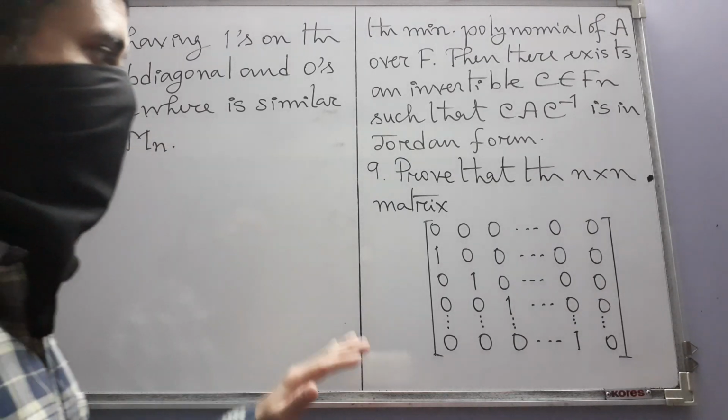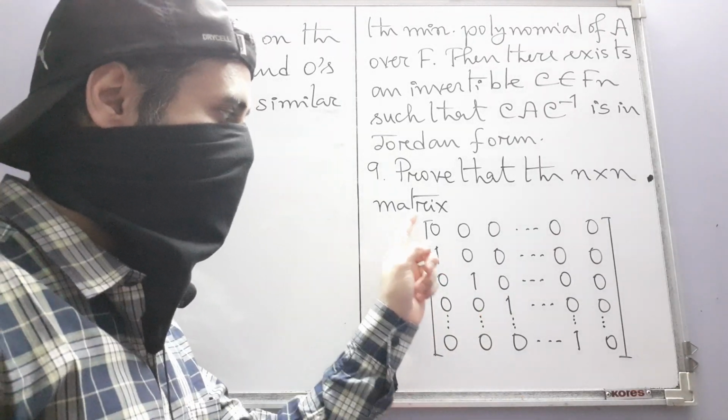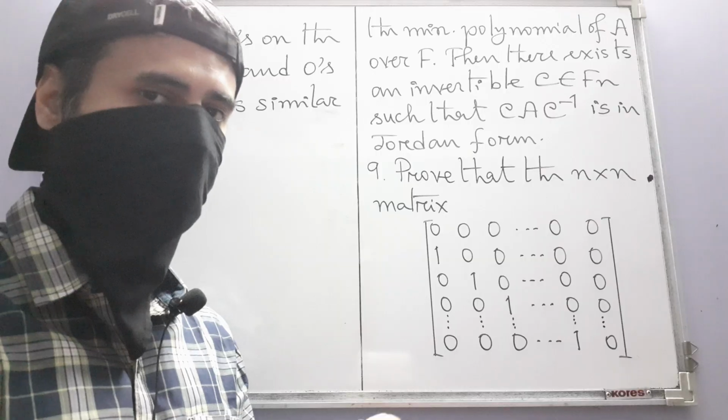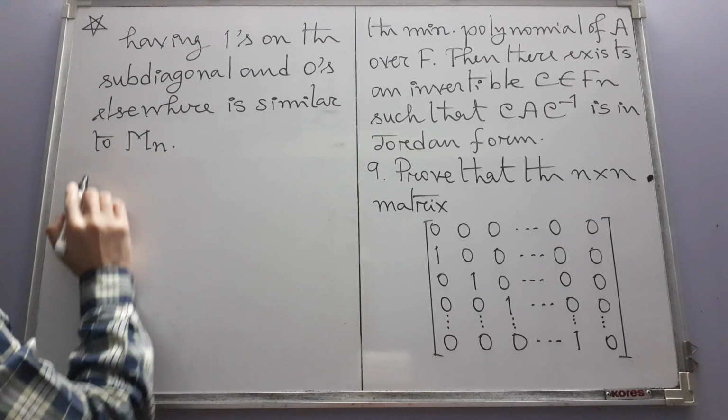You remember Mn also is like this, but there the super diagonal entries are all 1 and the other entries are 0. This is actually not very difficult.